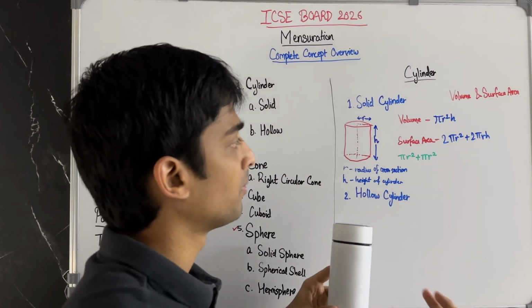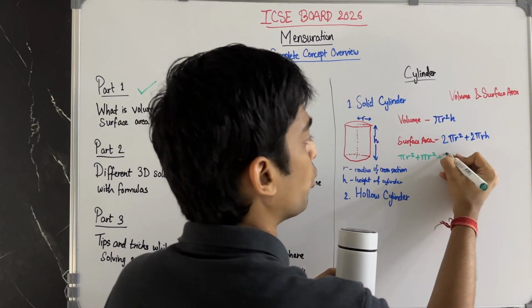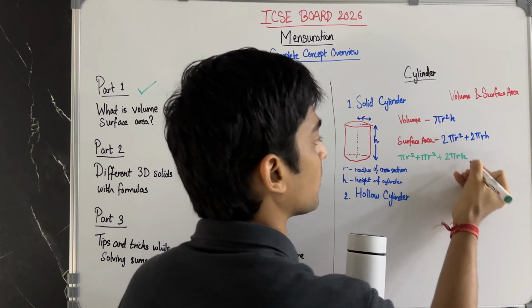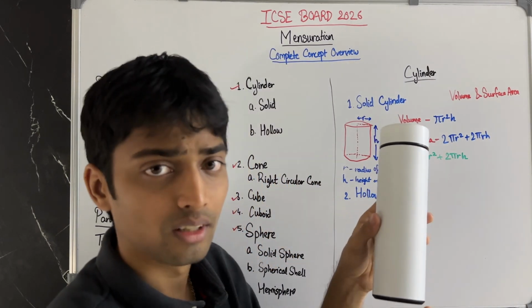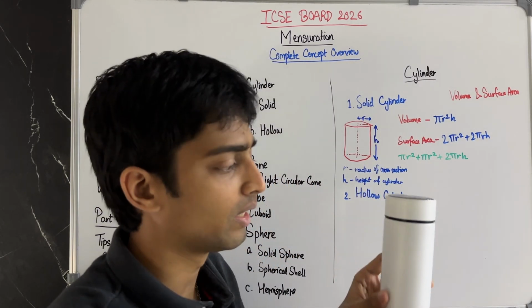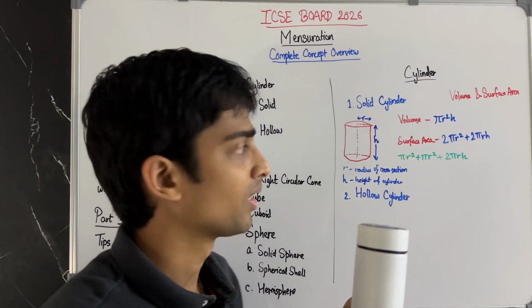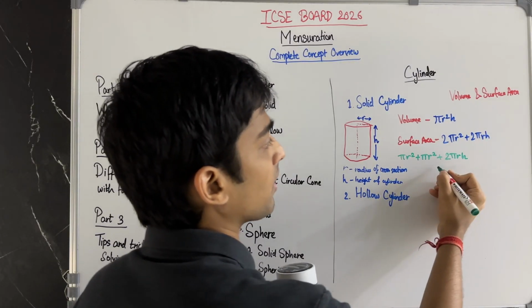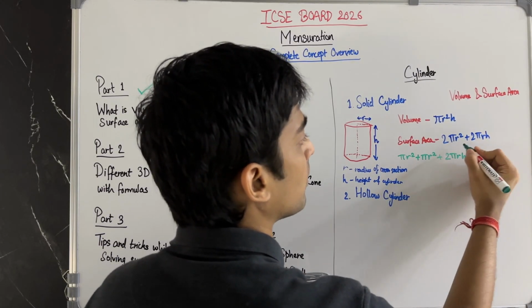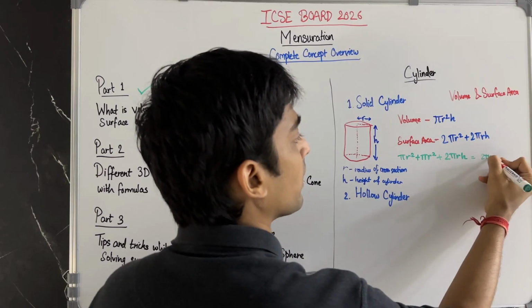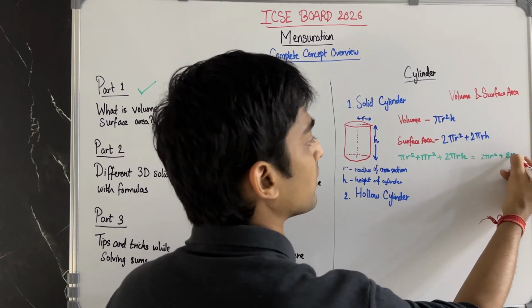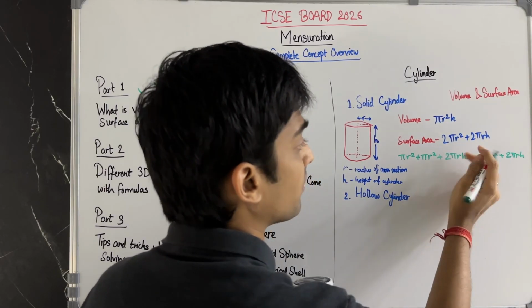We'll add 2 pi r multiplied by h, because this circle is repeating for h number of times, and we'll get the area of the outer part. So this comes out to 2 pi r square plus 2 pi r h. Hence we got this formula.